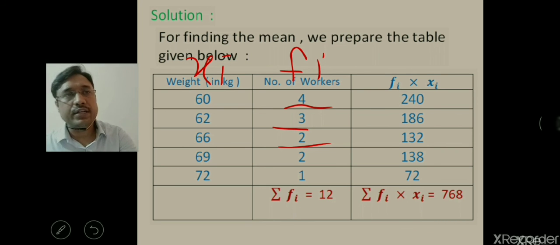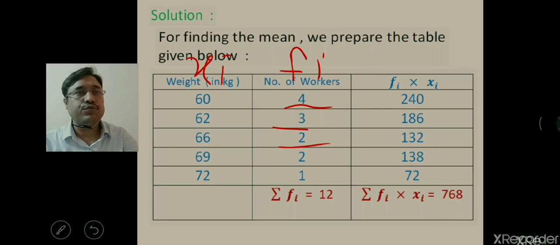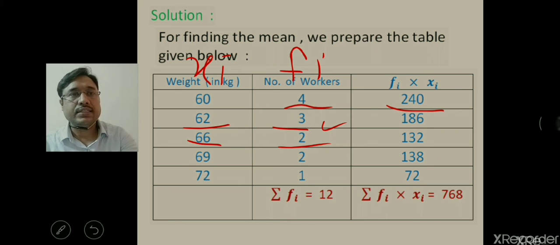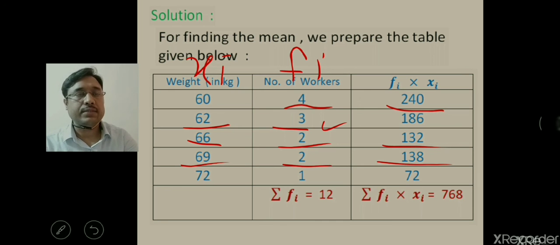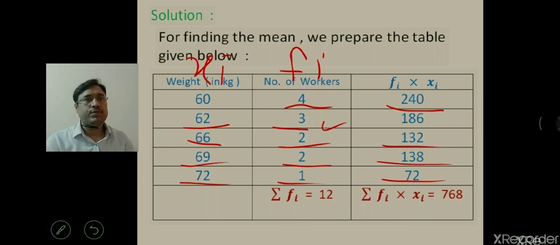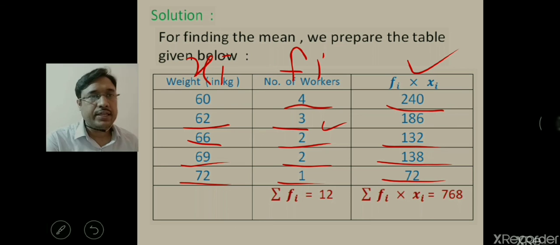Then find their products: 60 into 4 is 240, 62 into 3 is 186, 66 into 2 is 132, 69 into 2 is 138, and 72 into 1 is 72. Then find the sum of this last column, the product of fi and xi.